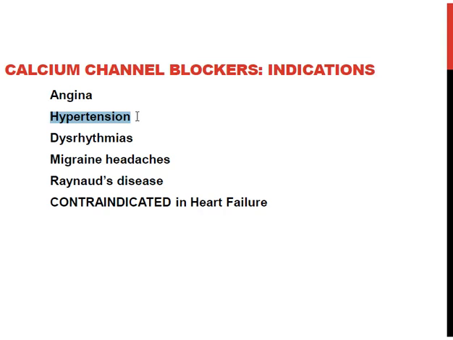So we use it for hypertension. Remember, we talked about how calcium channel blockers can also calm heart rhythms, and so we use them for dysrhythmias. One thing that we don't use them for, for the most part, is heart failure. So they're contraindicated in heart failure, and we'll address that in our heart failure lecture too.